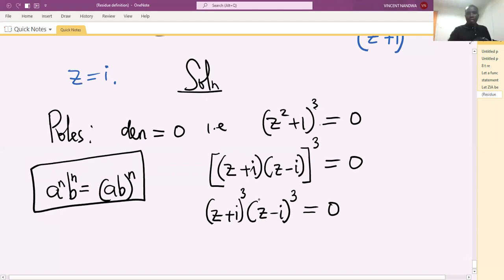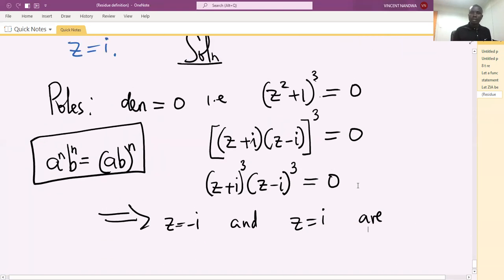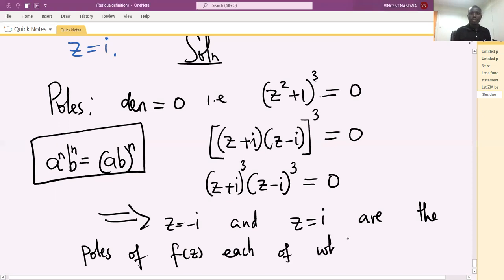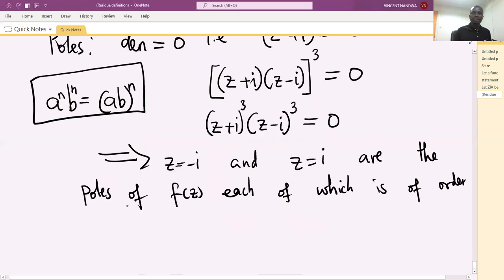So it should be very easy to see that z equals negative i and z equals i are the poles of f of z, each of which is of order 3, because the powers for those terms were each 3.